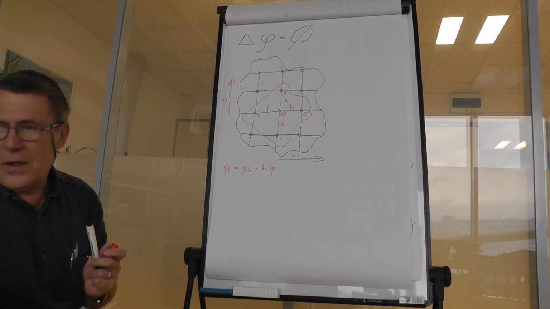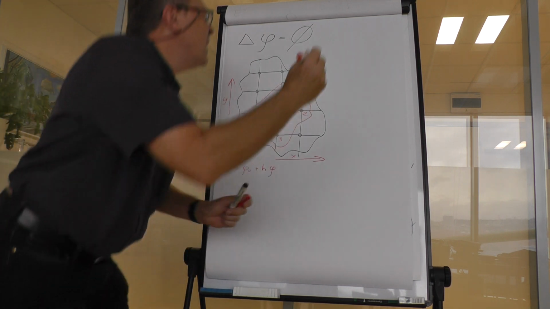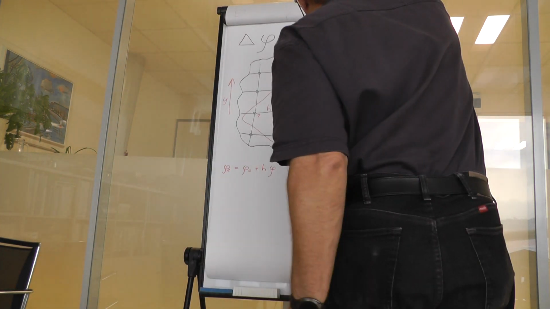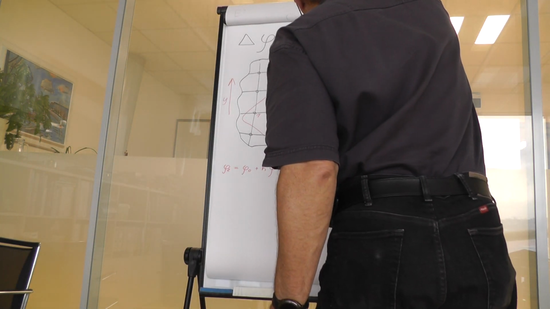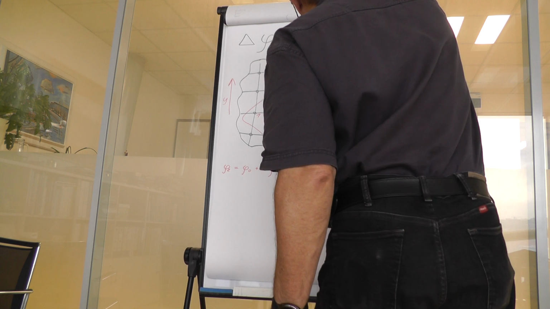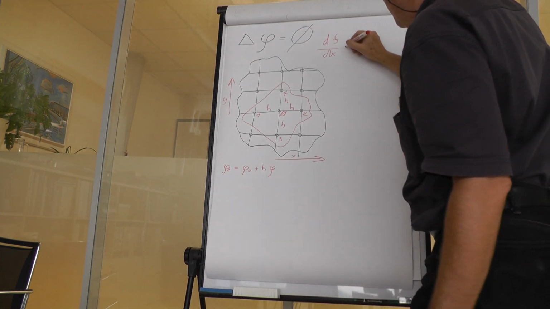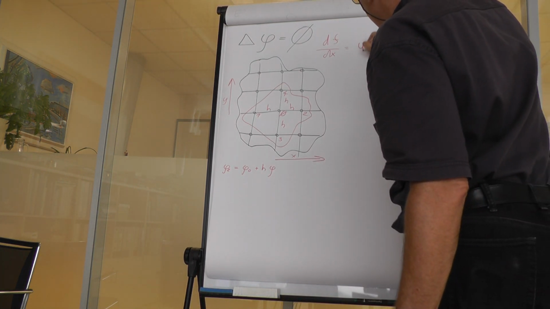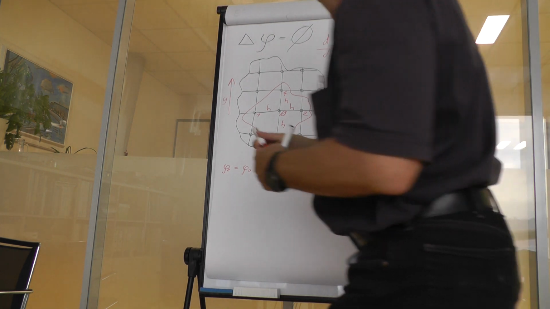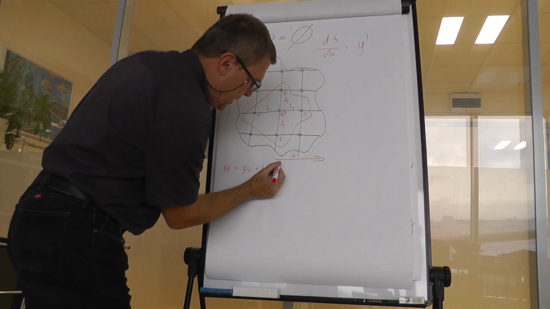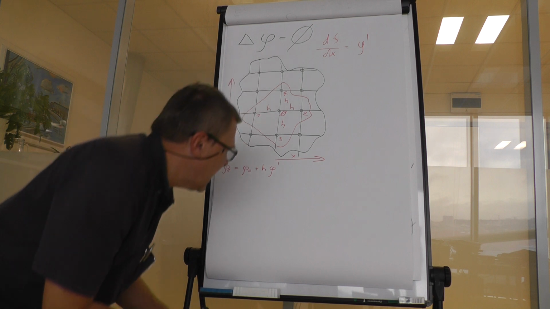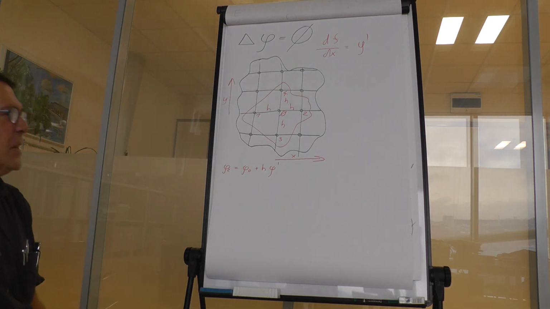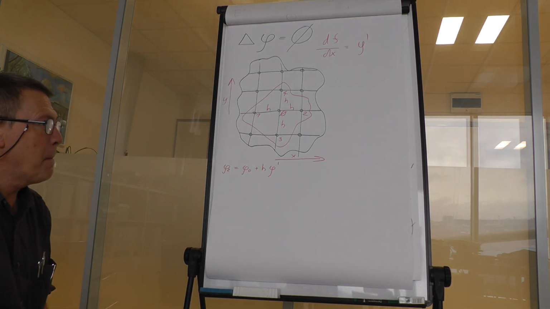Now I would denote df over dx by an apostrophe. So we would have the first derivative of phi.